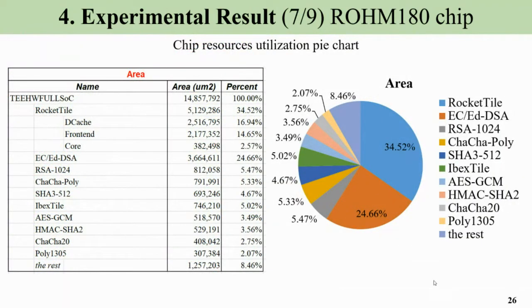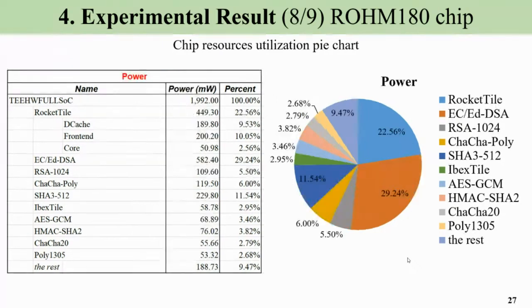And similarly, also plot the pie chart for the area. And all of the components are broken down in here. You can see it in the percentage. And the Rocket Chip also still holds the majority. And again, for the power.